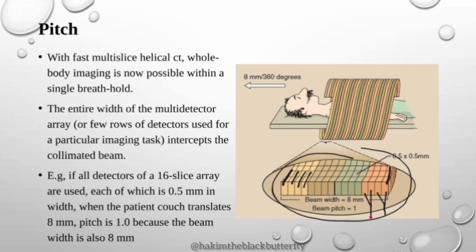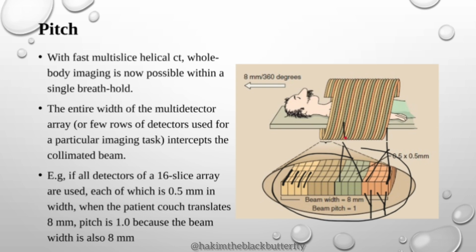So in the end, you have 8 slices produced by a 16 slice CT. Or you can increase the thickness: you get information from 4 detectors and create one slice, and in the end you have 4 slices, but produced by a 16 slice CT.